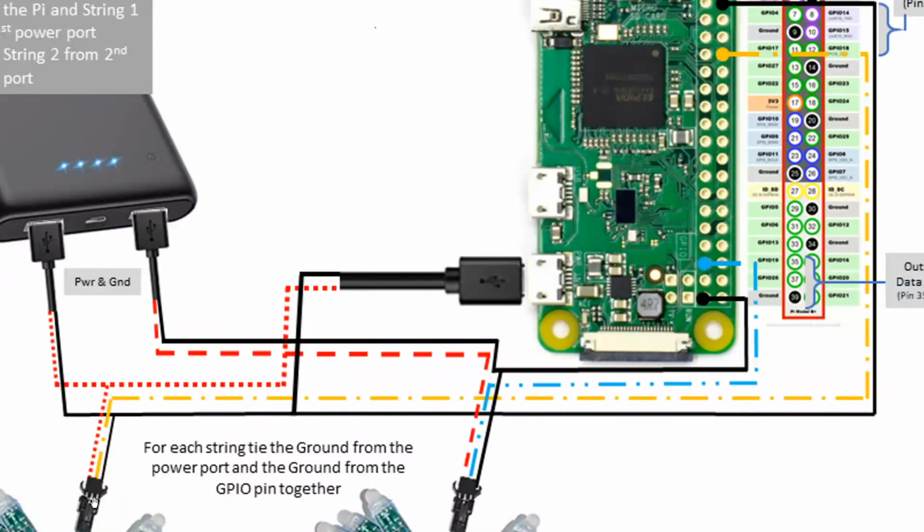I'm not afraid to cut wires, open things up, and make the wires that I need. Again, this is all very DIY. I apologize, you don't get a T connector or pigtail or whatever.